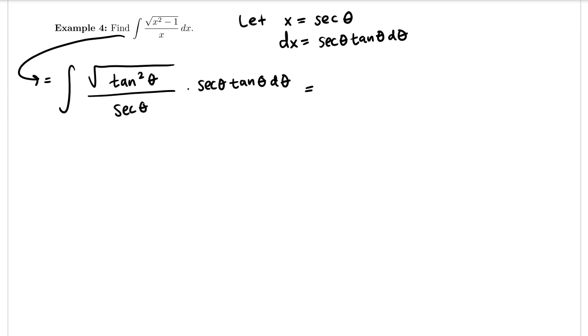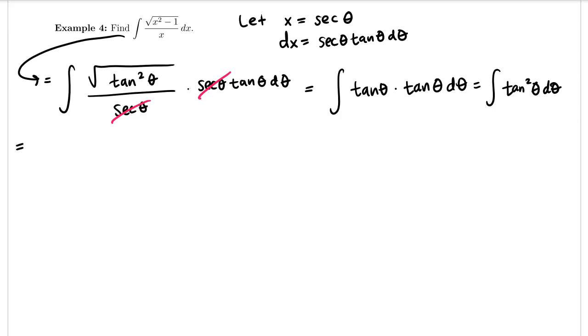So this becomes tangent squared theta. And then also we can see that this secant and this secant will cancel out. So we are left with the square root of tangent squared, that's tangent of theta, and then times tangent of theta d theta, and this is equal to tangent squared theta d theta.